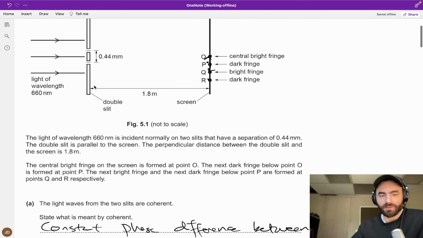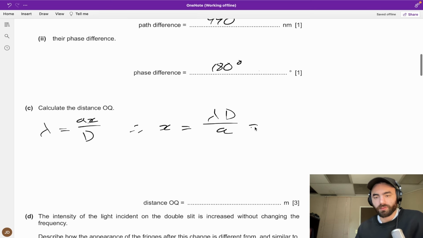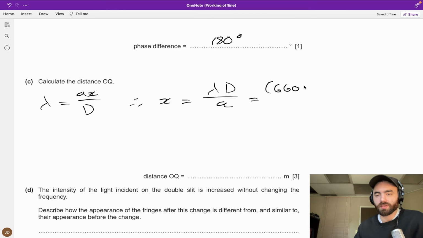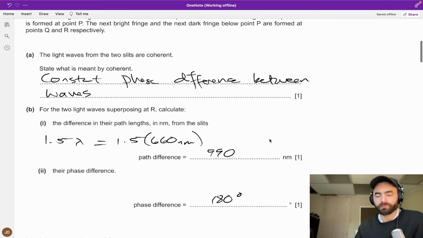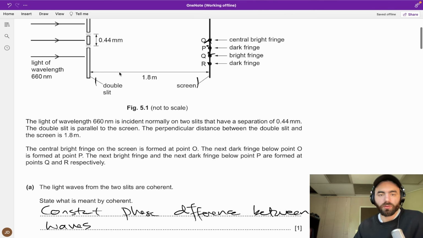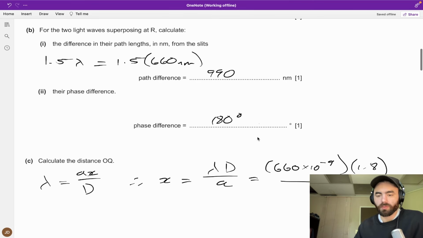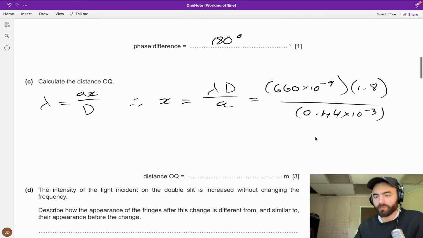Okay, a is this distance between the two slits, and lambda is 660 nanometers. So this is 660 times 10 to the negative 9, times d, which is this distance here, 1.8 meters, divided by a, which is this distance here. Remember, it has to be in meters, so it'd be 0.44 times 10 to the negative 3 meters.